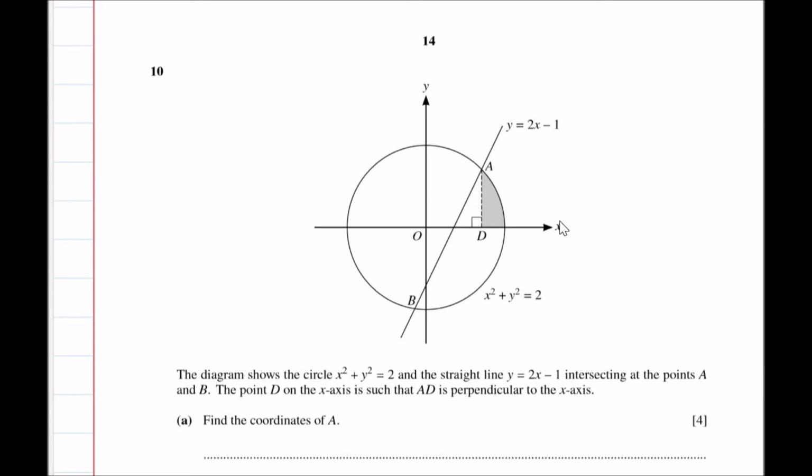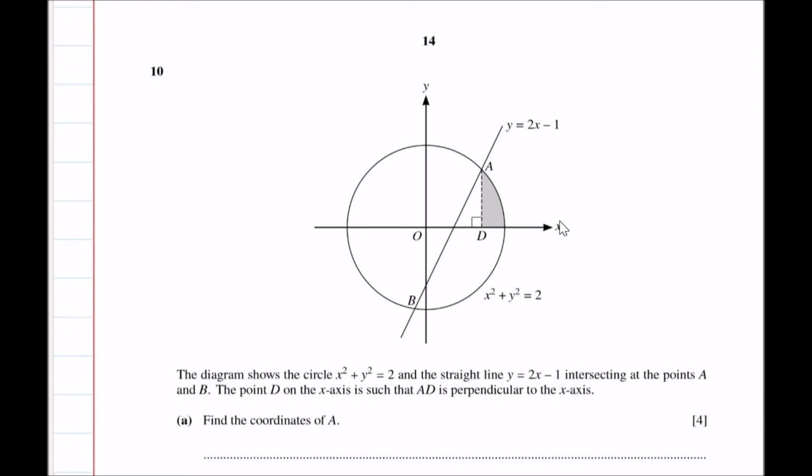Find the coordinates of A. For finding the coordinates of A, we have two equations: one is the circle equation, the other is the straight line equation. The circle and the line intersect each other at A, so we can find the coordinates of A by solving them simultaneously.